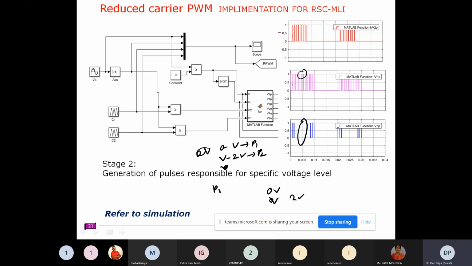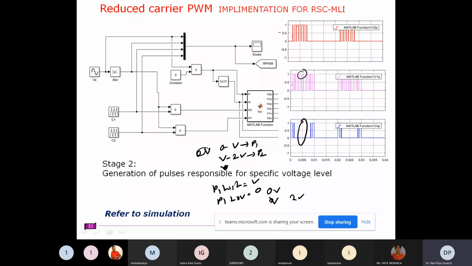When P1 is high, we get the V voltage level. When P1 is low, we are at 0. Similarly, when P2 is high, we get voltage level 2V. Together, we are getting this.